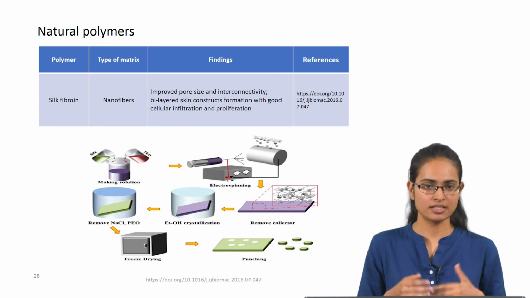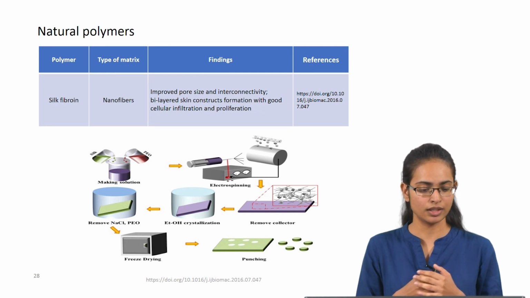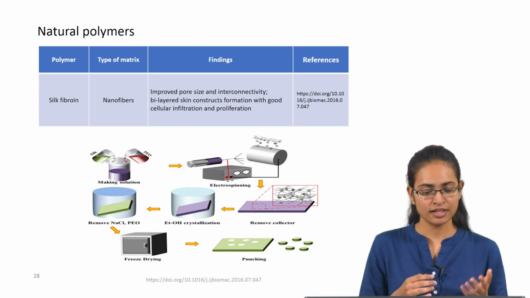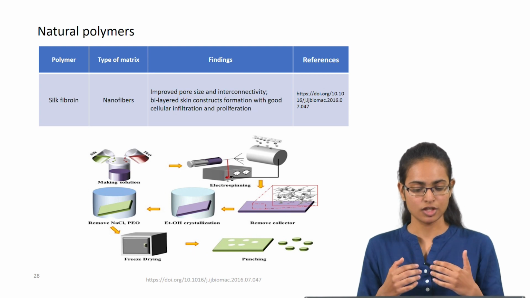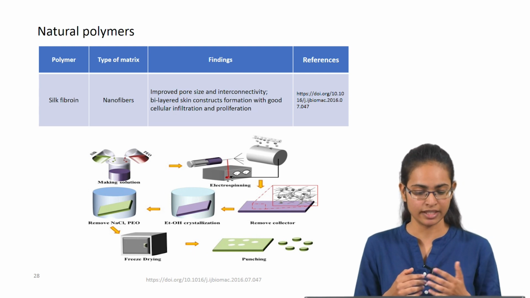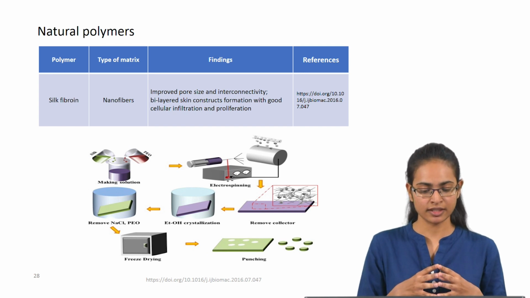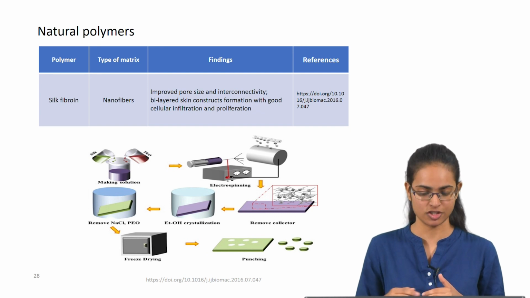Silk fibroin is another natural polymer. Here it has been processed into nanofibers using electrospinning. Electrospun silk fibroin has shown improved pore size and interconnectivity, which helps in good cellular infiltration and proliferation.